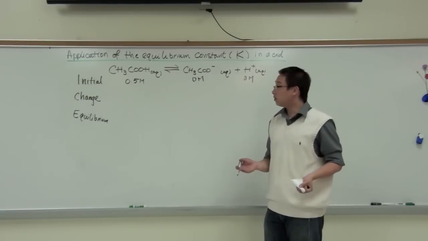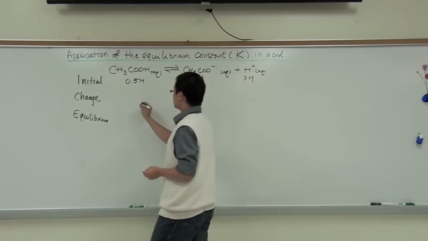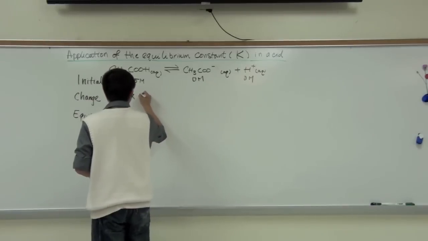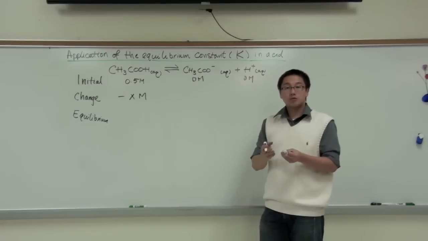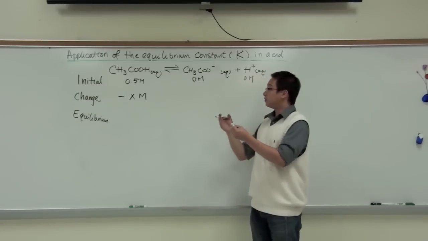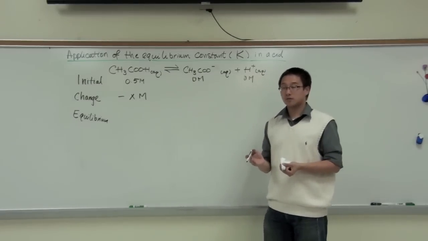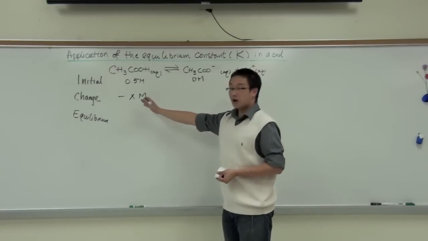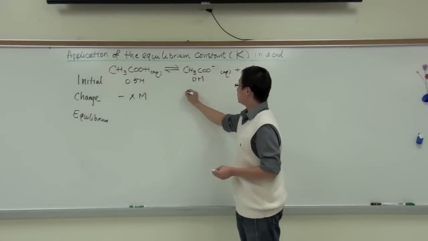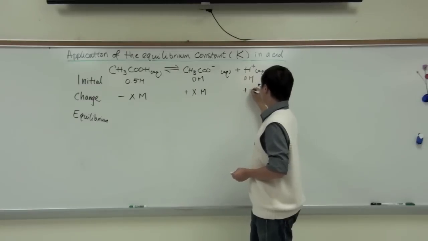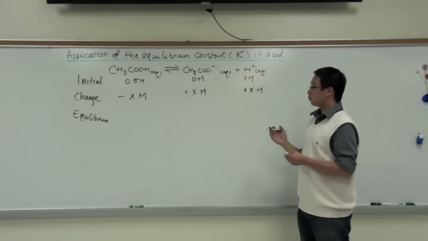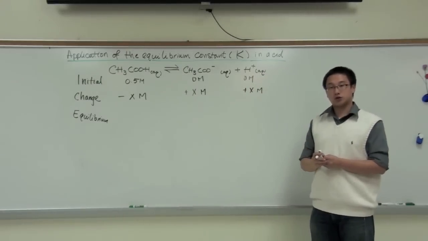We do not know. So what we do is use an unknown, X, to represent the amount of the molecules dissociating into ions. And since we have this amount dissociating, we should have the same concentration of each ion formed after dissociation.